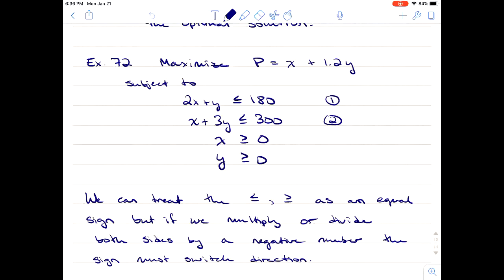Okay? But as a fact, our profit function will be maximized at one of the points of intersection. So of the feasible set, you're now going to find the points of intersection. That's why we had to figure out how to solve systems of equations, right? That's finding points of intersection.